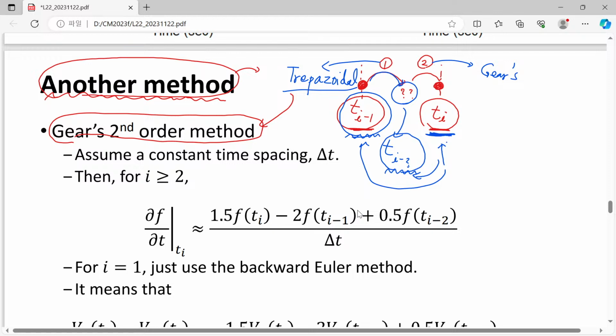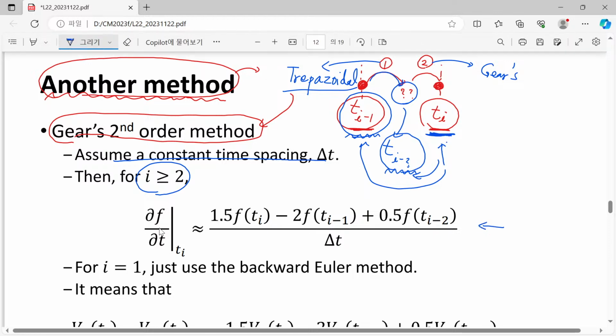Then, following the same argument, let's assume a constant time spacing delta t once again. Then for time instance i larger than or equal to 2, we can express our time derivative in this way. Can you understand the difference?